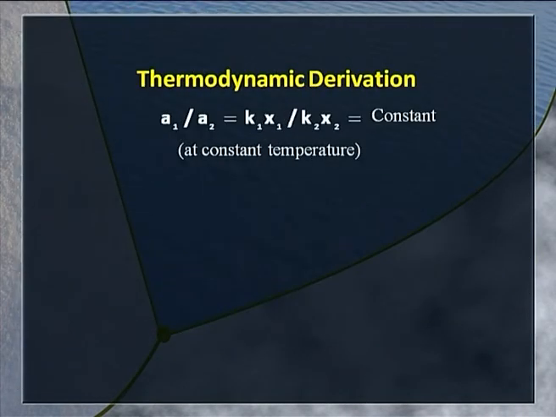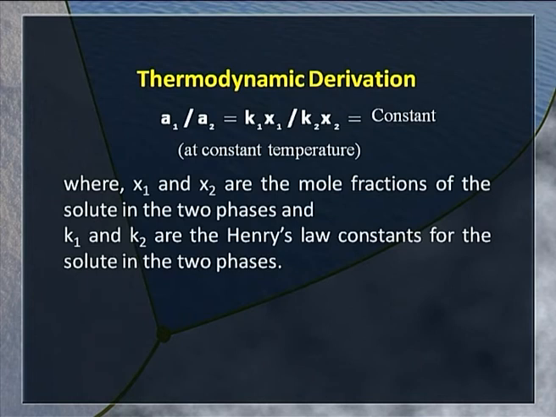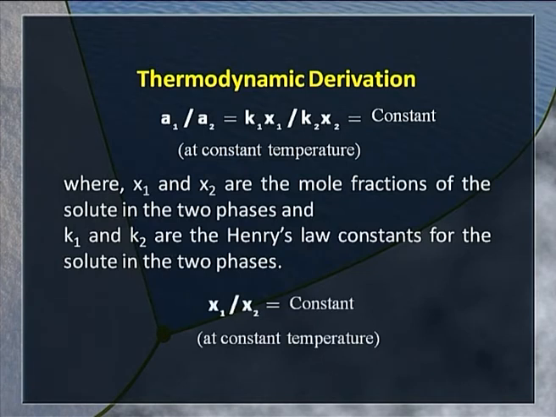It follows from it that A1 by A2 is equal to K1 x1 divided by K2 x2, equal to constant at constant temperature. In this, x1 and x2 are the mole fractions of the solute in the two phases, and K1 and K2 are the Henry's law constants for the solute in the two phases. Therefore, we can write x1 by x2 is equal to constant.